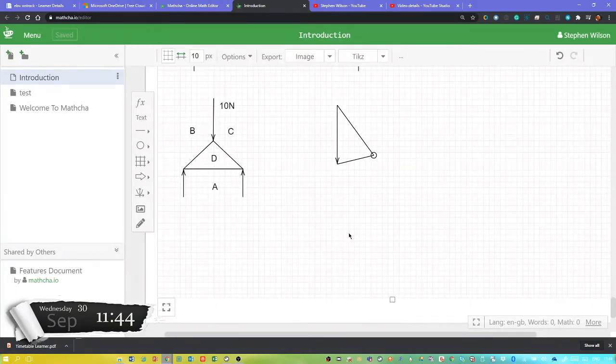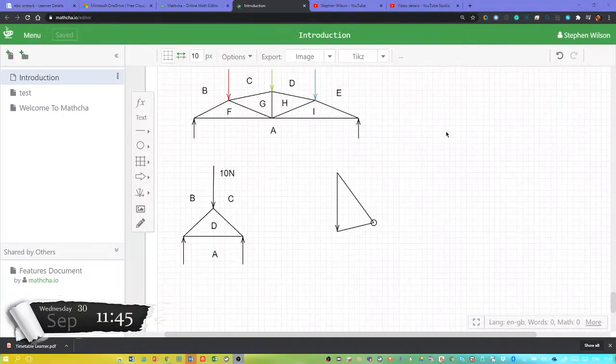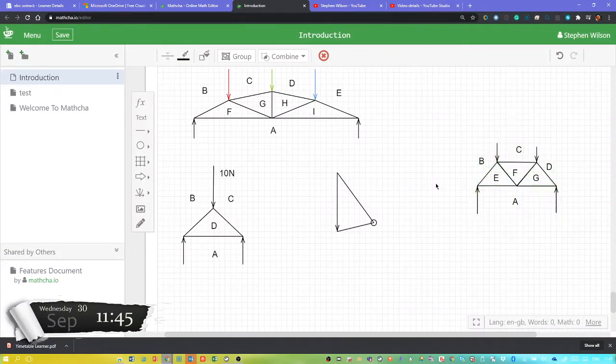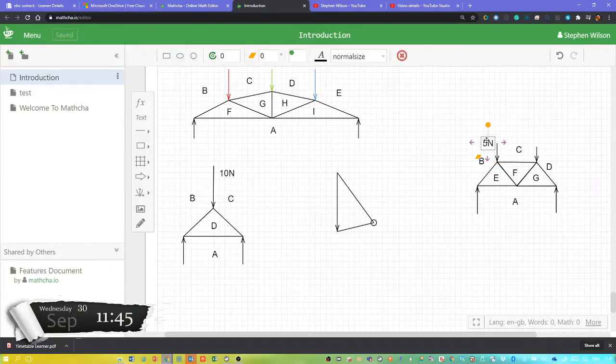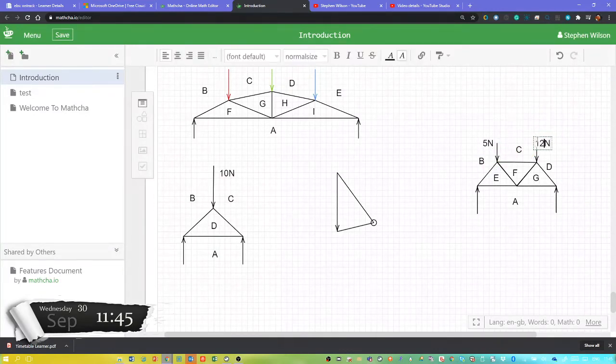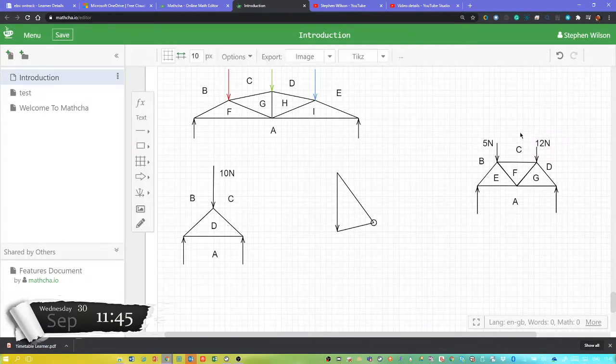And you say, but Steve, what happens if we have more than one load on our structure? Well, I'll just show you. Just a quick example to show how this goes if we've got more than one load on our structure. So we've got two loads here. Let's give them a value, shall we? Very quickly, 5 newtons there, for example. Let's copy that, and let's say that that's, I don't know, 12. 12's a good number, isn't it? 12 newtons.